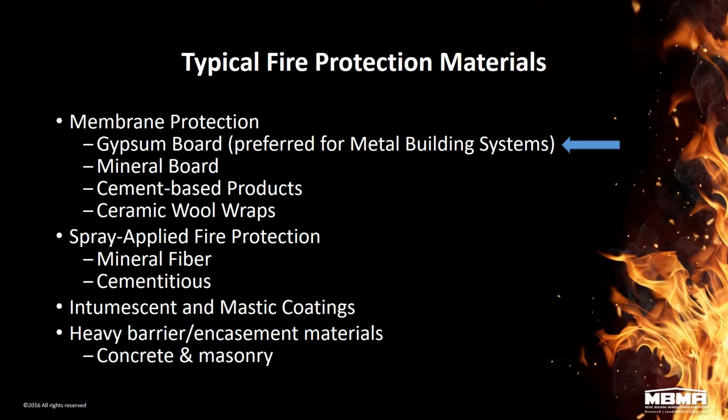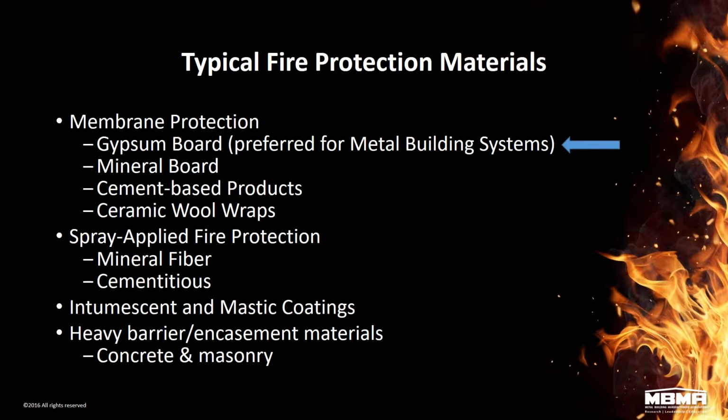Spray applied fire protection is very common and popular with the heavier steel construction, multi-story steel. That is most common there. Intumescent and mastic coatings are very architecturally appealing and are used with architecturally exposed steel.